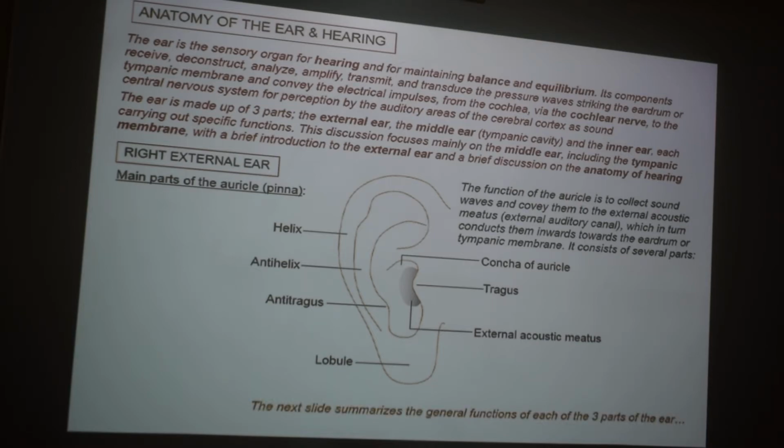So what you need to understand is that the auricle is mainly formed of cartilage, and the lowermost part of it is mobile, which is the lobule, and that lobule is mainly made up of fat, and it is usually used for piercing.